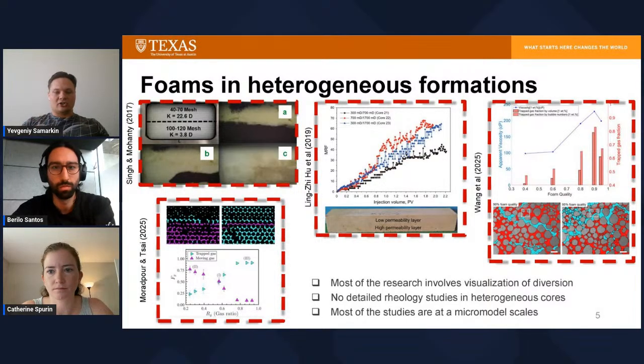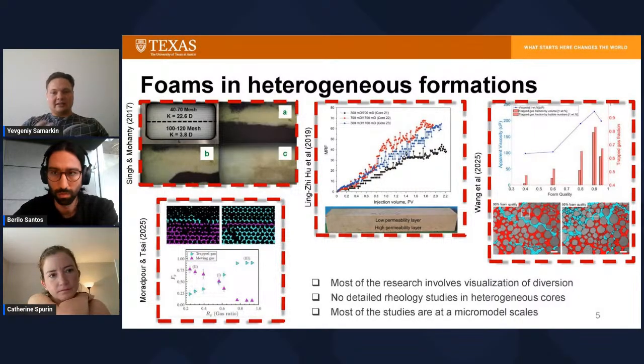Other researchers connected this amount of trapped gas to the viscosity of the foam, and they observed that the more gas becomes trapped in the porous media, the more it increases the viscosity of the foam. So it seems that the flow of foam through heterogeneous media is a very complex process, and that motivates us to study it in detail.